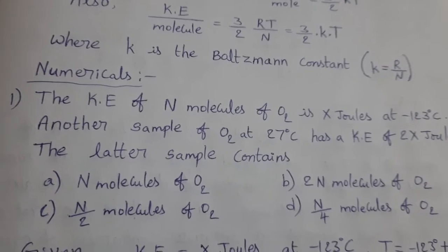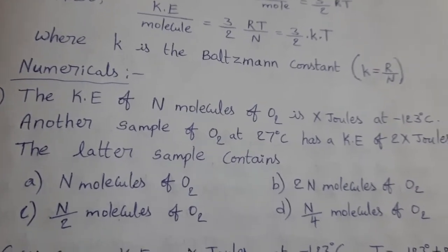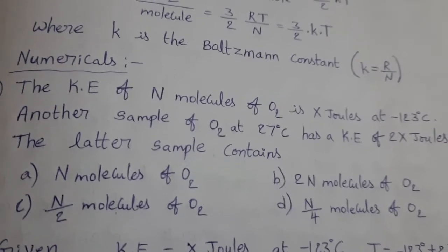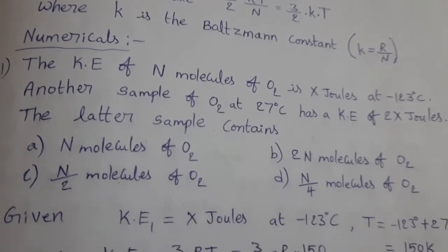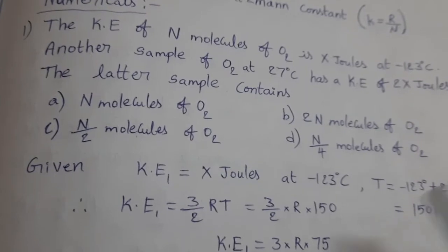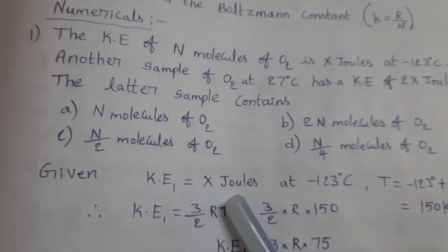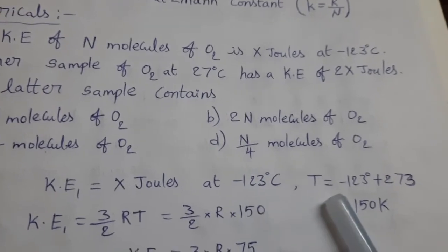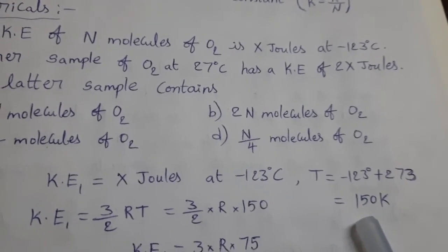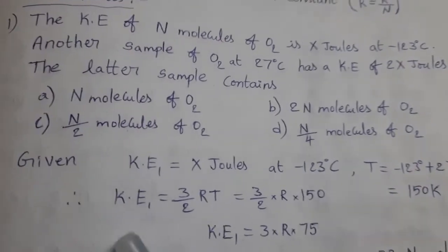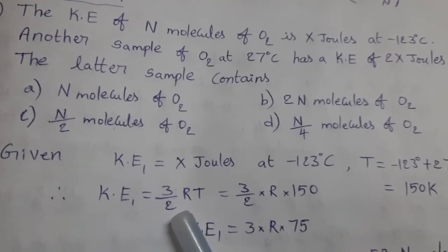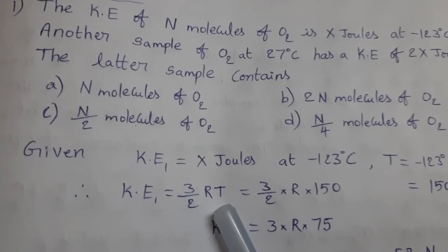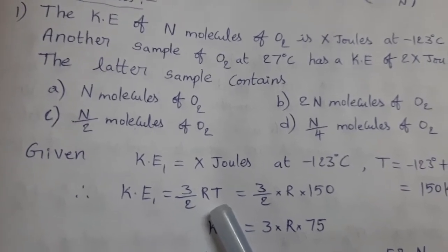In both the cases substance is same, oxygen, but temperature is different, so kinetic energy is also different. Now given Ke1, first kinetic energy, equal to x joules at minus 123 degrees Celsius. It means in Kelvin scale temperature is 150 Kelvin. So Ke1 equal to 3 by 2 RT, kinetic energy equation according to kinetic molecular theory of gases.